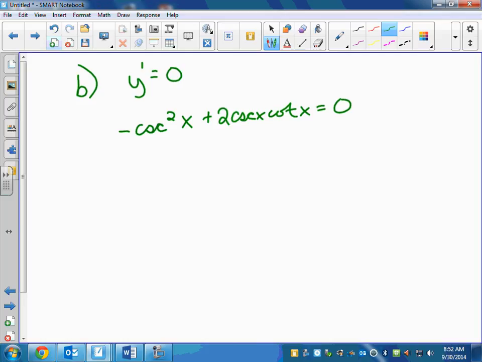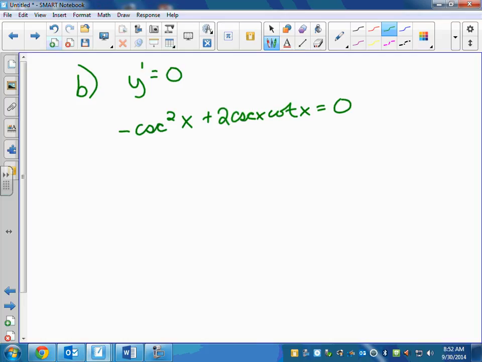I have a bunch of eraser marks on my paper because I really did try that first. I tried to factor out a cosecant, and it would have been great if what was left only had cotangent in it, but it still had a cosecant and a cotangent. So it didn't work. I couldn't think of an identity to use. Maybe one of you did, because cosecant squared and cotangent squared are somehow related.